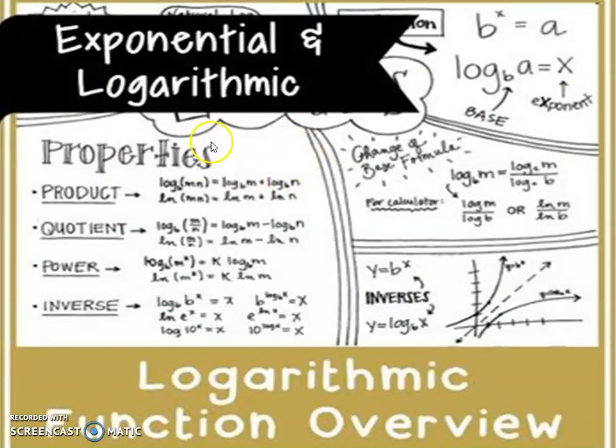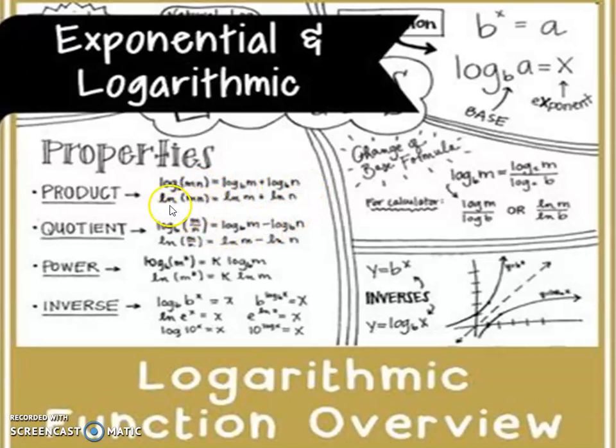From this picture, what do you see, students, or what is missing? Let us check. Exponential and logarithmic properties: product, log of m times n to the base b. Yes, we know that log of m times n is log m plus log n.